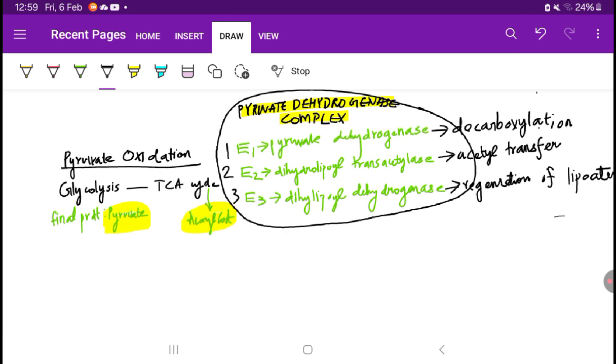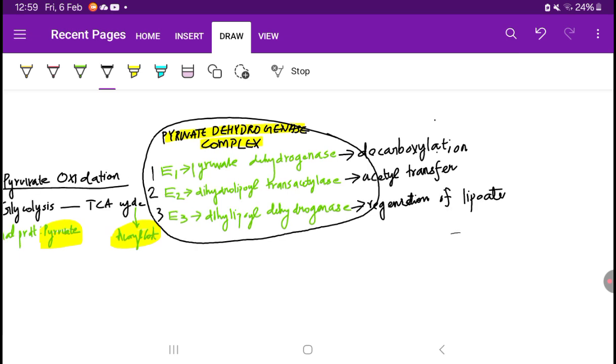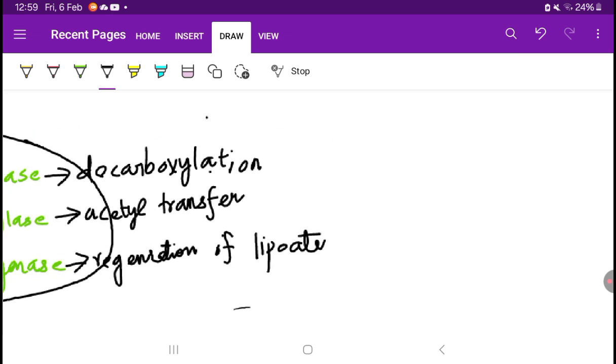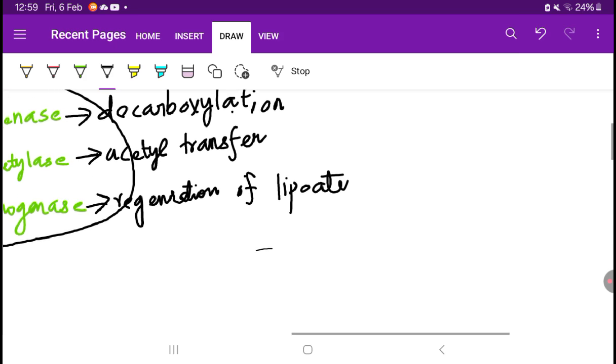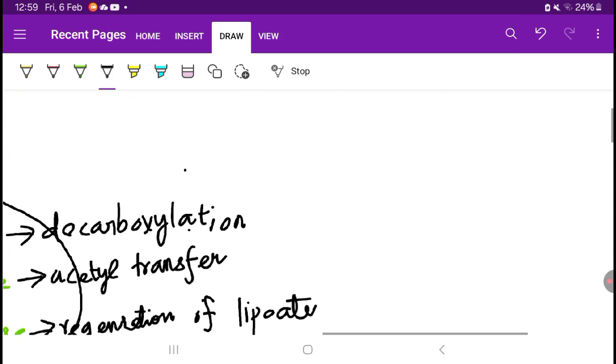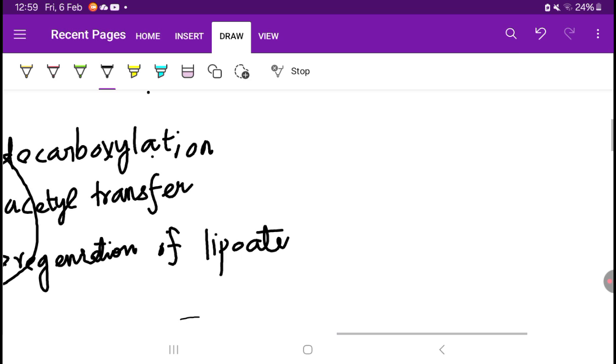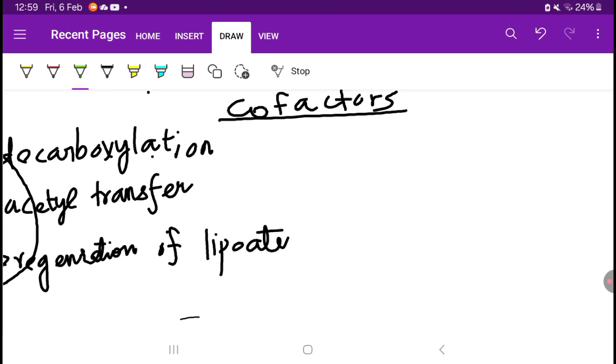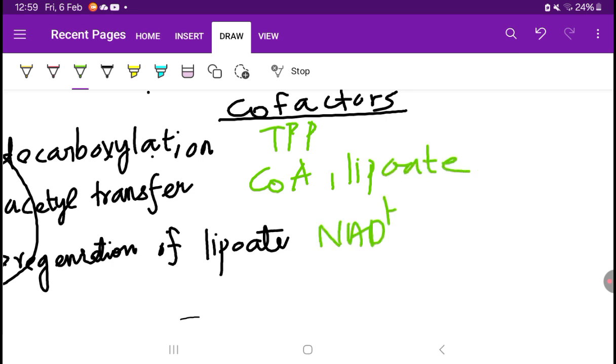One more thing is that there are some cofactors in these steps. These also you need to study. Cofactors in the first step is TPP. Second step is coenzyme A and lipoate. Third step is NAD plus and FAD.